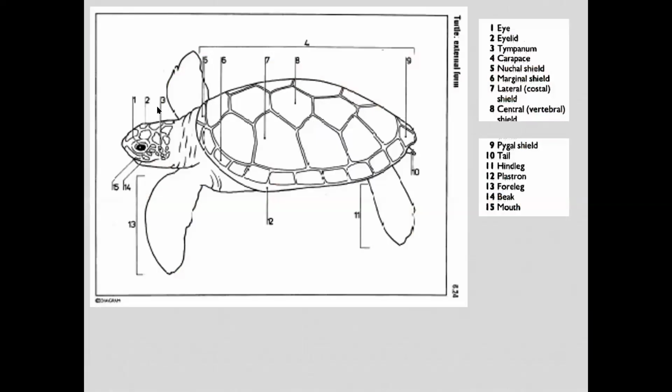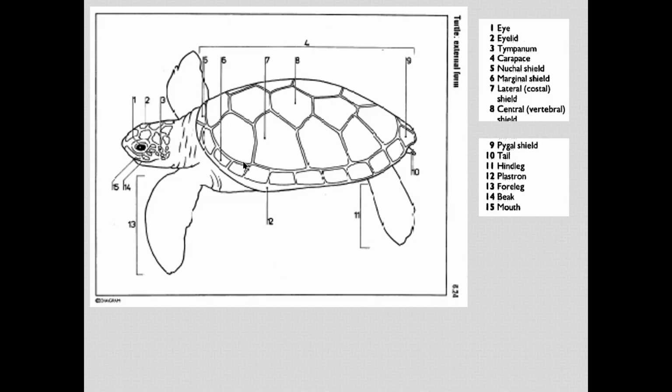Okay, this is the anatomical feature of tortoise or turtle. They have a specific shell. The dorsal one is the carapace, the ventral one is the plastron, and they have four limbs: the forelimb and the hind limb.